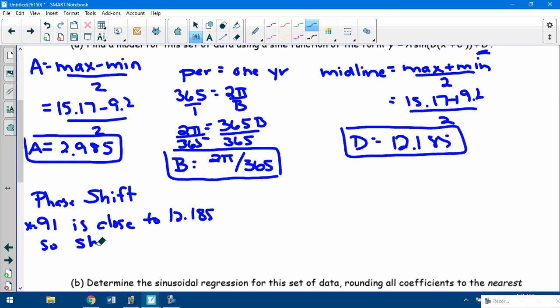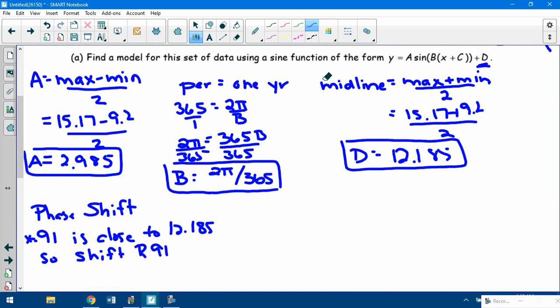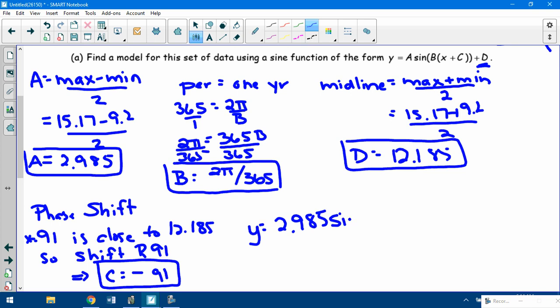So we want to shift right 91, which means that c value needs to be negative 91 to make that go to the right. So putting that all together, we have y equals 2.985 times the sine of b, which is 2 pi over 365, and then parentheses x minus 91, plus 12.185.